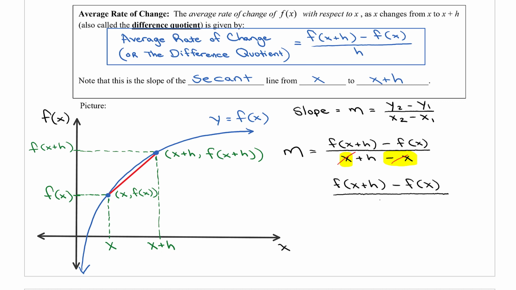We had an x and a minus x, and I highlighted those and I drew red little lines through those to cancel them out. So now I just wrote h in our denominator, and I'm putting this as equal to the difference quotient, because that's what we refer to this as. This is called the difference quotient. I'm going to go ahead and box that in.